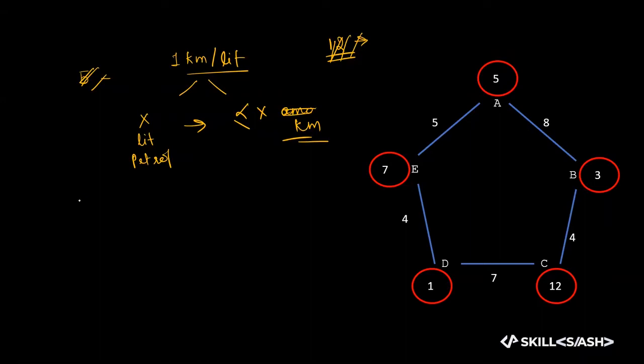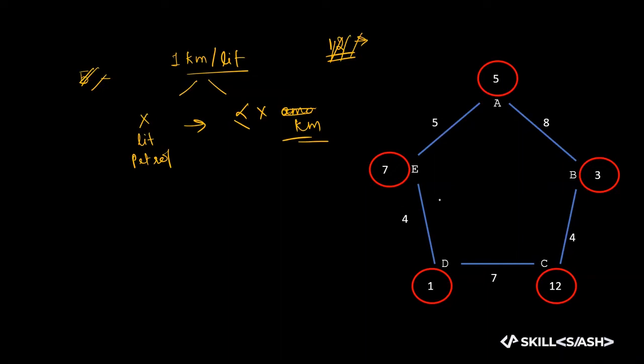If we do the total of all the petrol and we also do the total of all the distances, if the distance is less than or equal to the number of liters of petrol that we have, then the circular path may be possible. Maybe, obviously it will be possible, right?